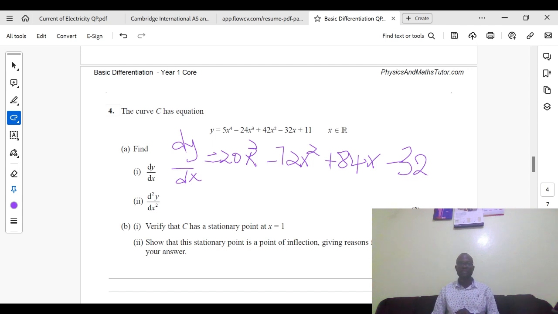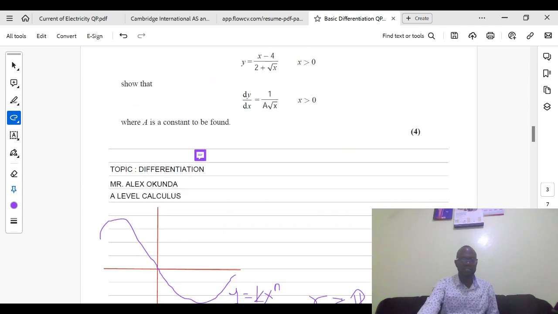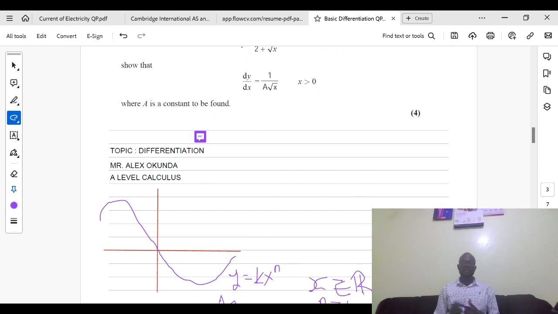The second part says d squared y over dx squared. So what does that imply? Let's go back to our general curve here. This curve has two turning points, this one and that. At the first turning point, dy/dx can be treated as this point here, that is the first derivative.